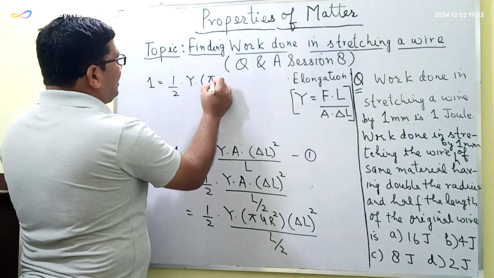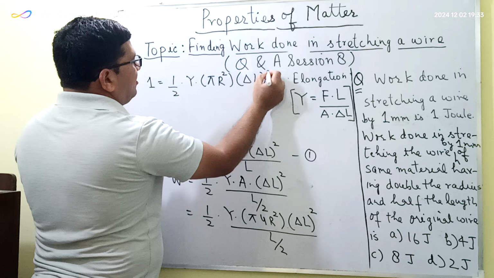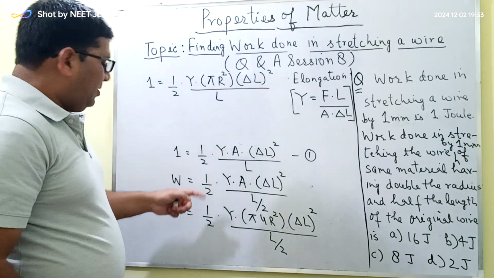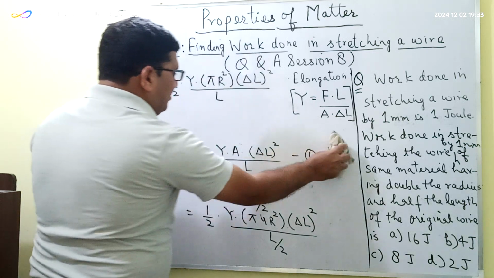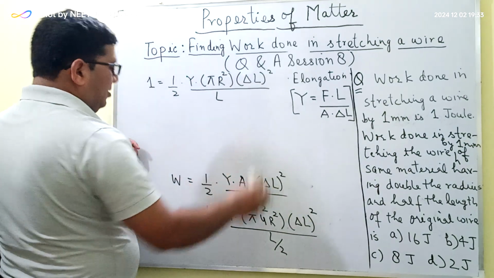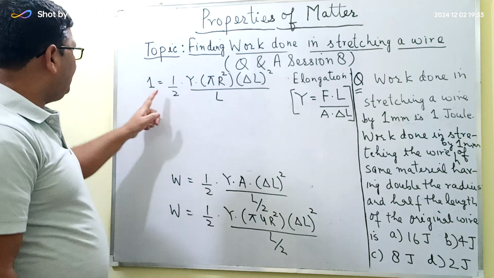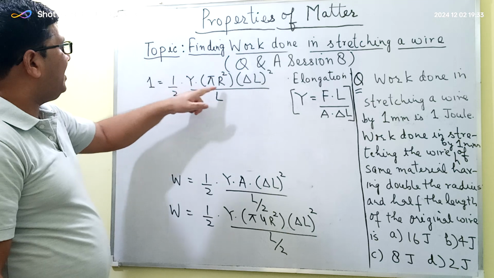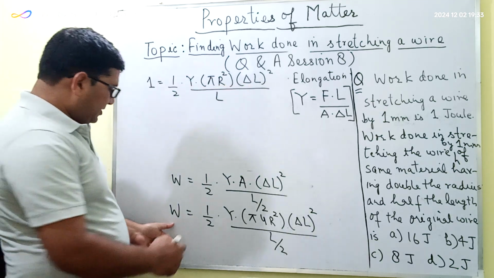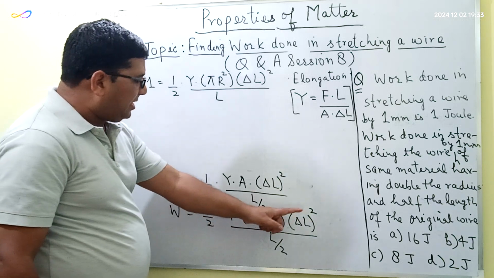So this will be equal to pi r square delta L whole square divided by L. We have got two equations: one is W equal to 1 by 2 into Y into pi r square into delta L whole square divided by L, and another, W equal to 1 by 2 into Y into pi into 4 r square into delta L whole square divided by L by 2.